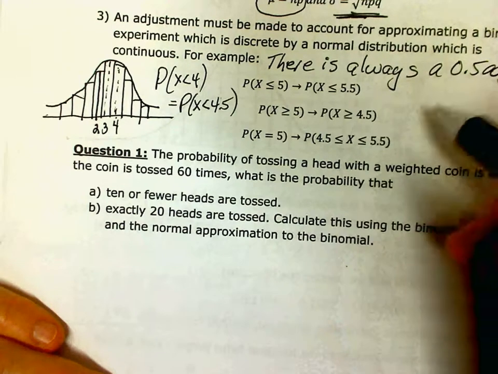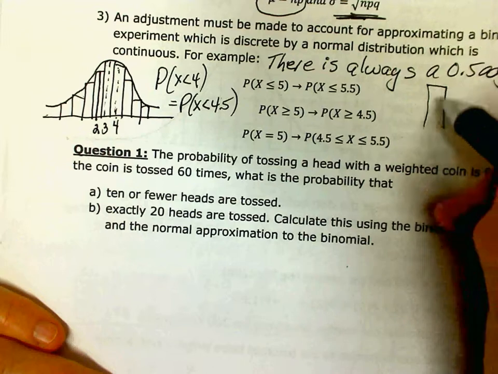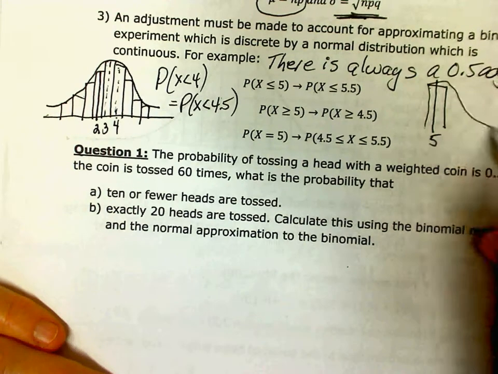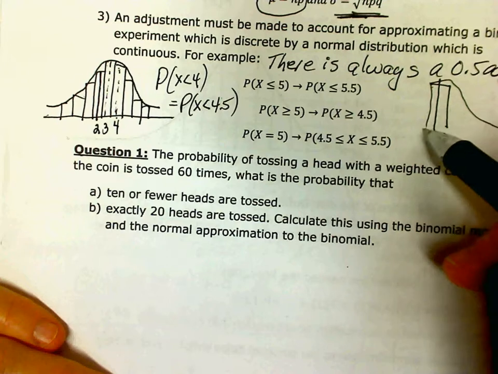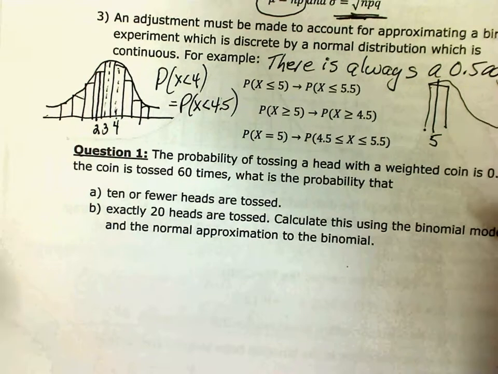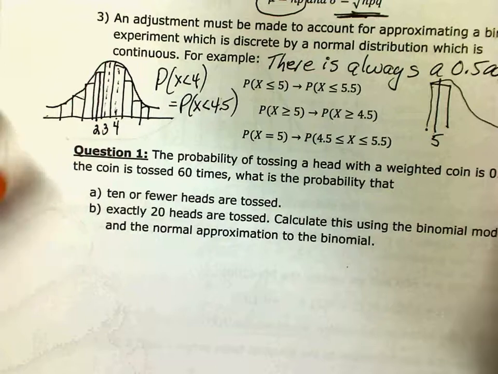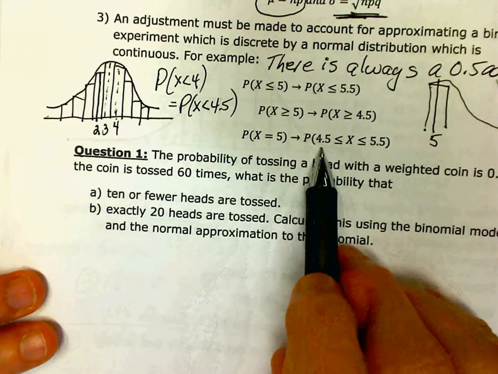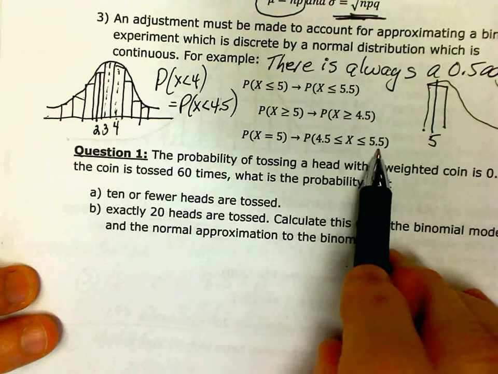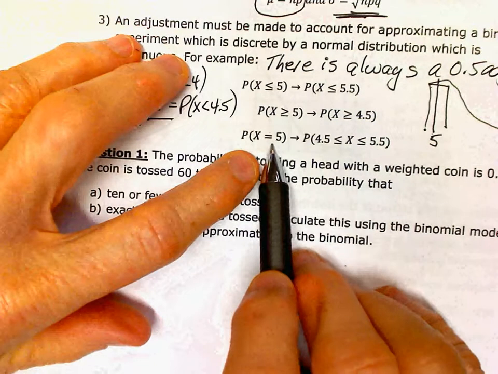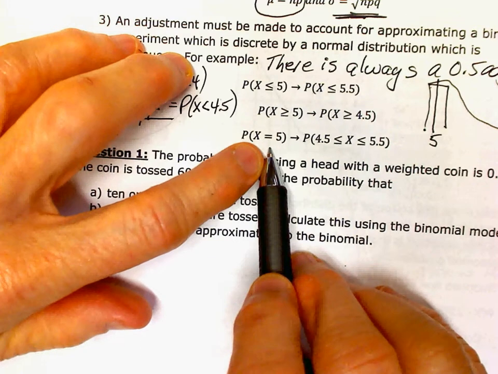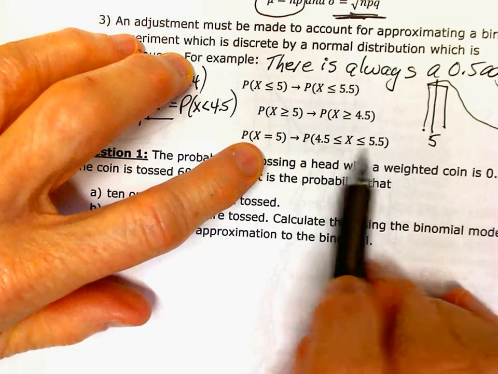Imagine the rectangle, here's 5, and I want everything to the right of it, then I have to go to 4.5. However, if we want the probability x equals 5, we have to go 0.5 below and 0.5 above, because you can't look up 5. The area under a single point is 0. You need to create a range.